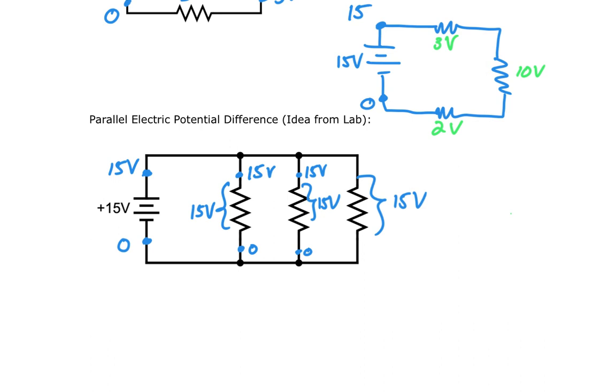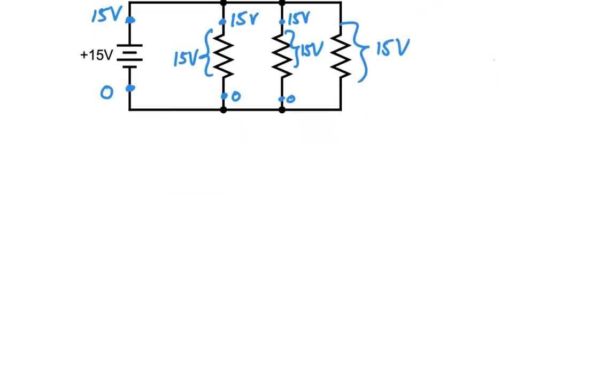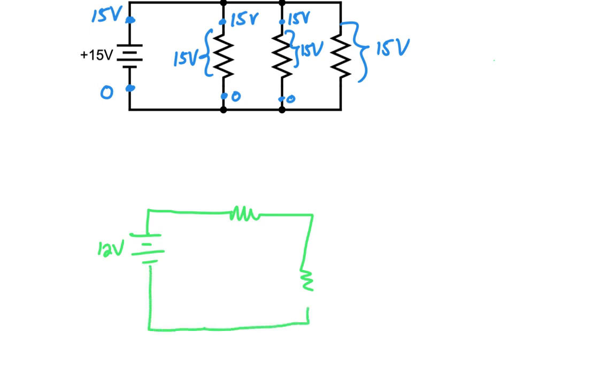Now, if we had a different circuit, let's try something a little different. Let's take this and call it a 12-volt battery now. This time we've got a resistor here and a resistor here, and we'll put just a wire here.